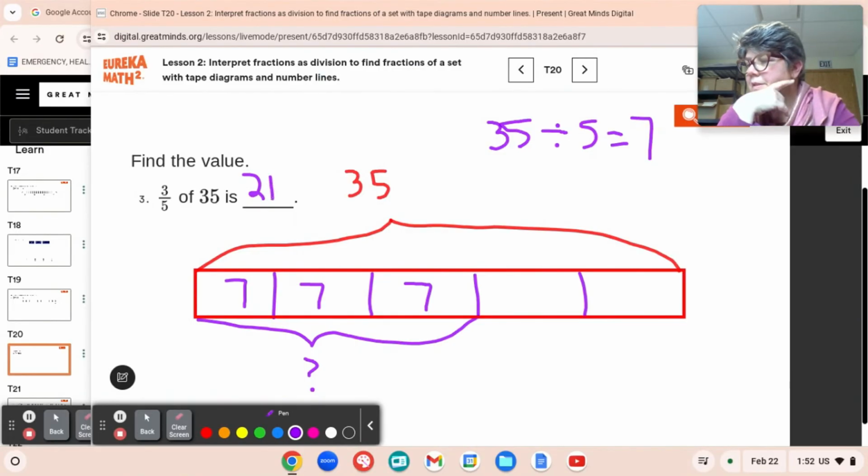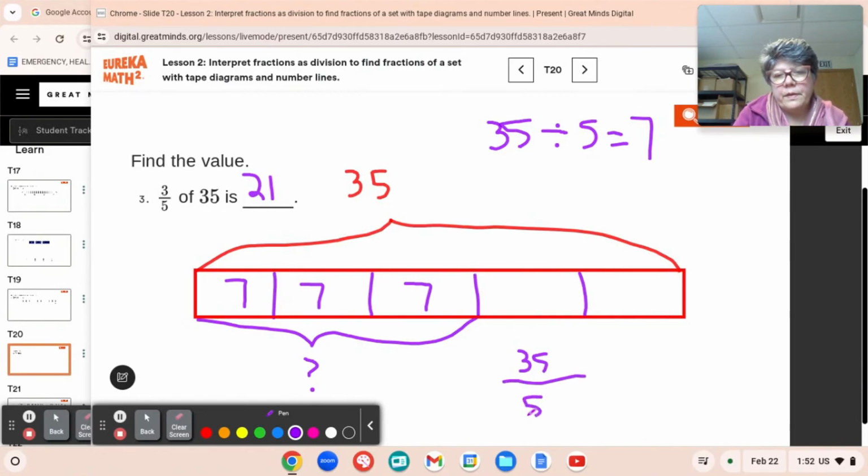When we found 3/5 of 35, could we have done 35/5 plus 35/5 plus 35/5, because each of those is 35/5? Could we have done something like that to solve the problem? We could have, but we might have wanted to change it to the answer of 7.